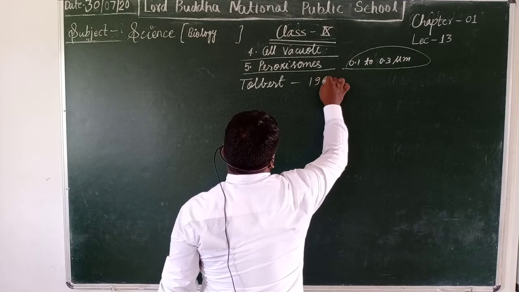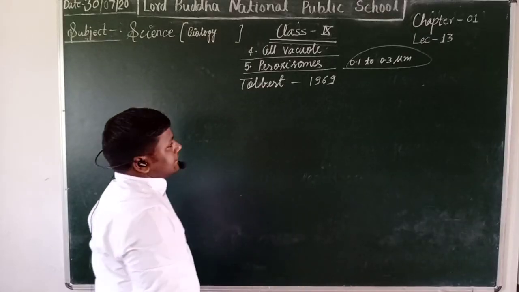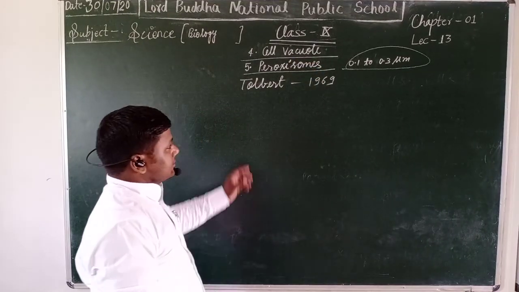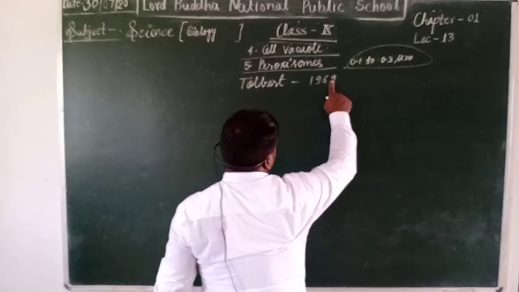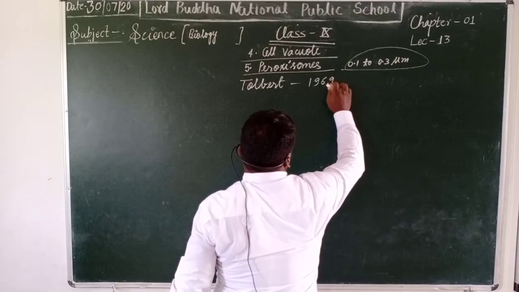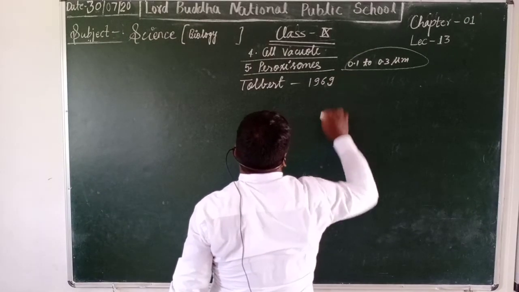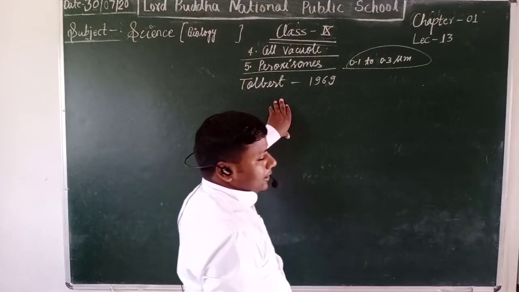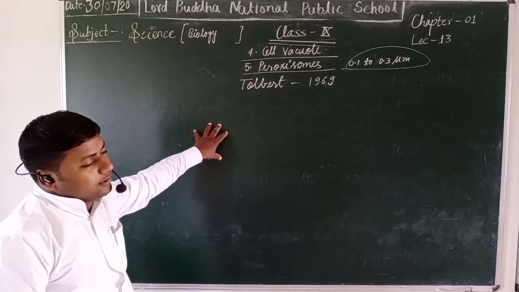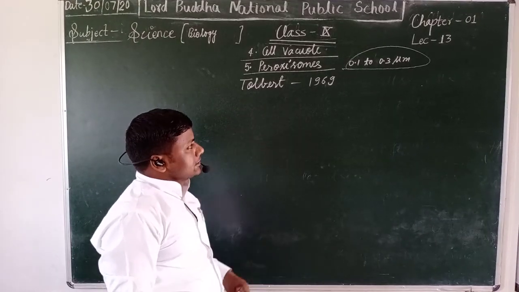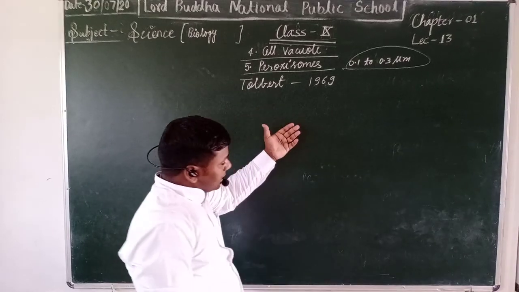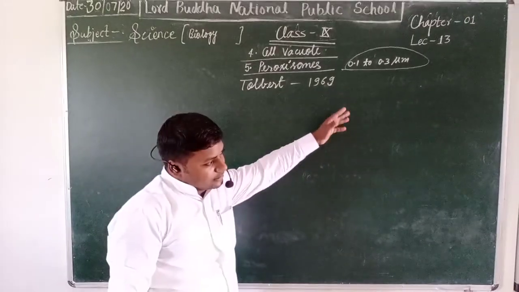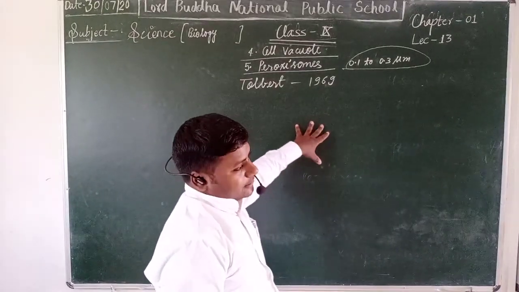Tolbert, an anatomist, in 1969 discovered these spherical, minute structures inside the liver cells. While working on the liver cells, he observed that many minute spherical bodies are present inside them, and thereafter these structures were also found inside the kidney cells.